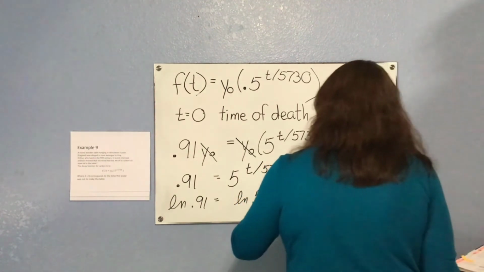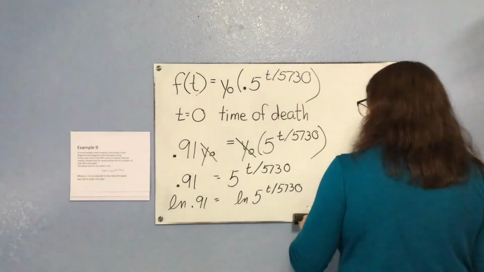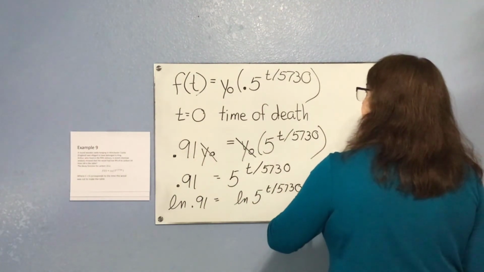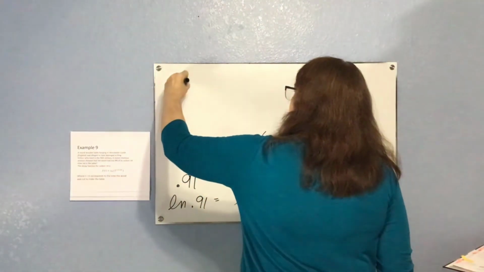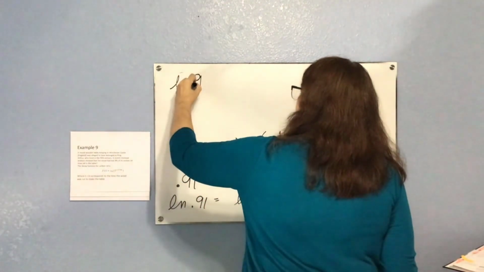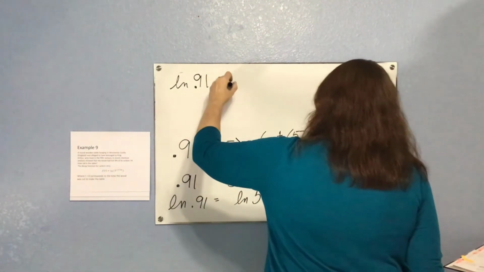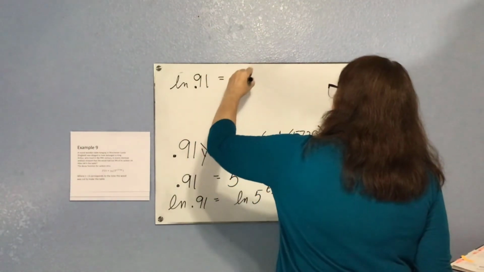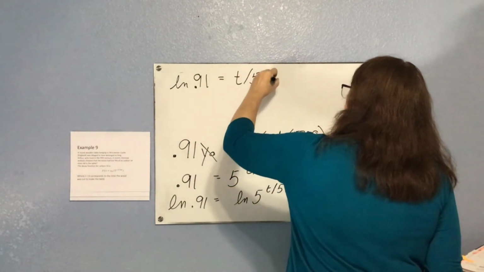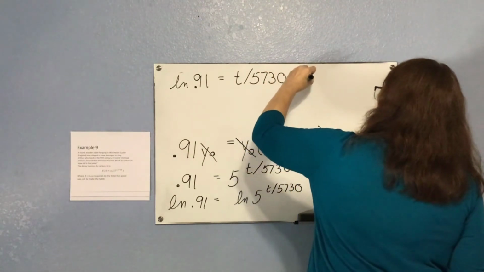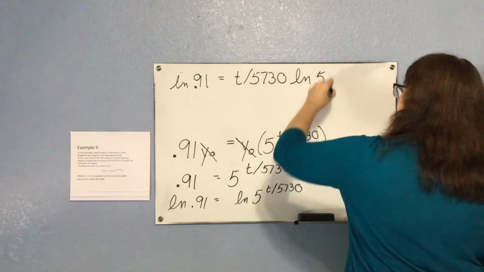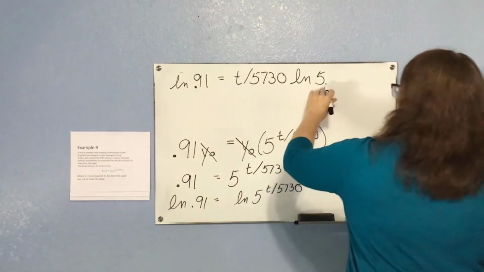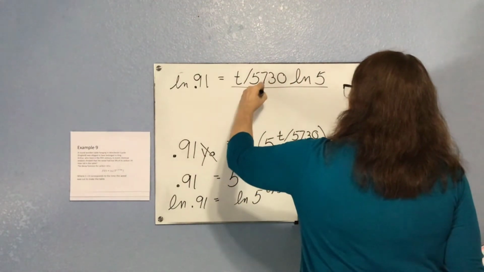Now that this is an exponent of a logarithm, I can bring it out front. So I get natural log of 0.91 equals t over 5730 times the natural log of 5. Okay, divide by the natural log of 5.